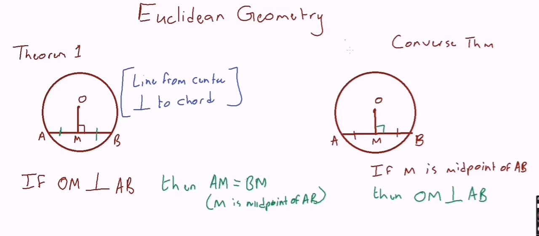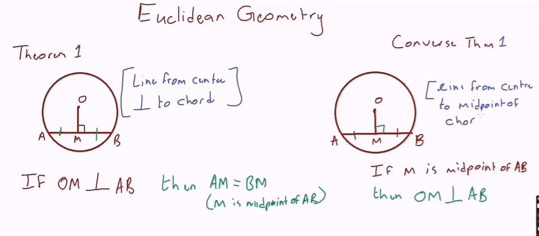How do we state this one if I'm to use this converse of theorem 1? How do we state it? We would state it by saying line from center, instead of saying perpendicular to chord, we'd say line from center to midpoint of chord.